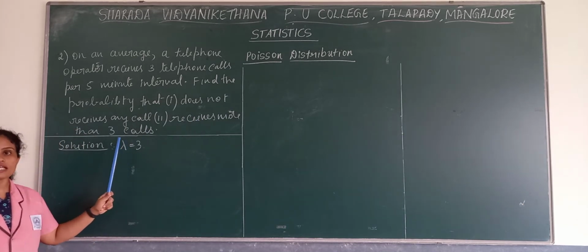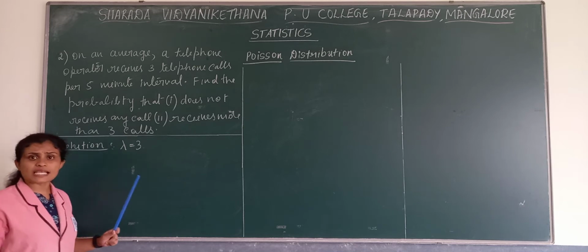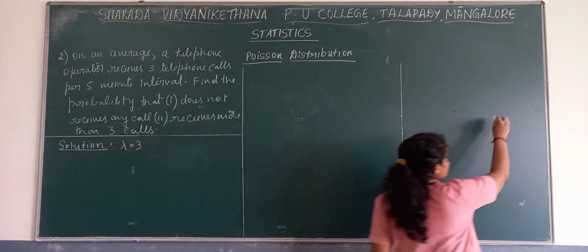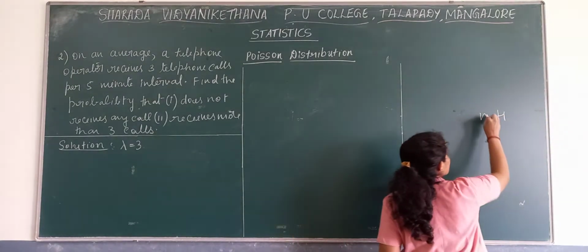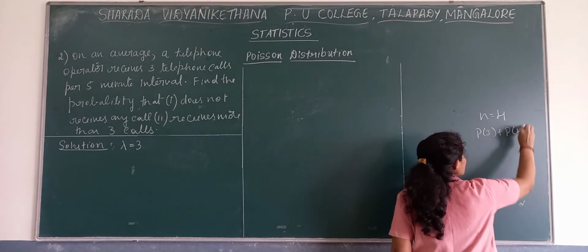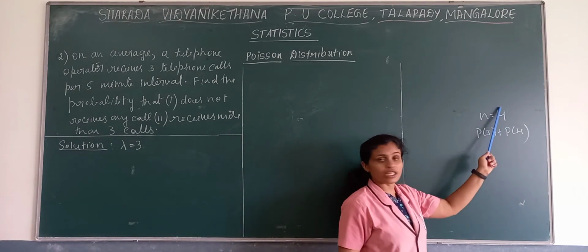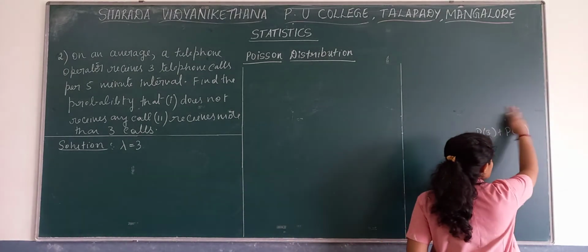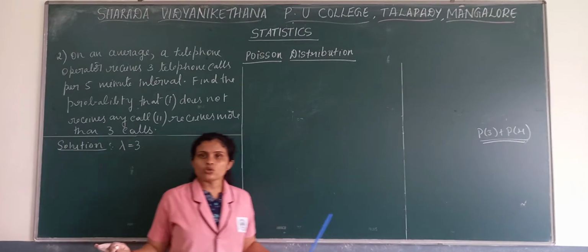Receives more than 3, what is the probability? More than 3 means any number. We don't know the value of n. Binomial means the n limitation will be there. If 4 is the n value, more than 3 means P of 4. We cannot go more than that because they will give the range. N will be there. But in case of Poisson, n will not be there. So you cannot go with this possibility. Above that number, you cannot go.